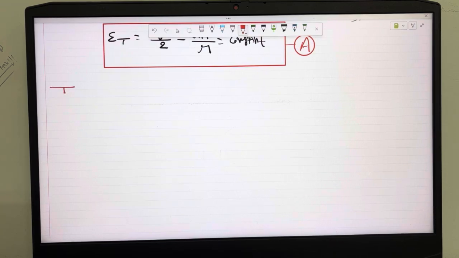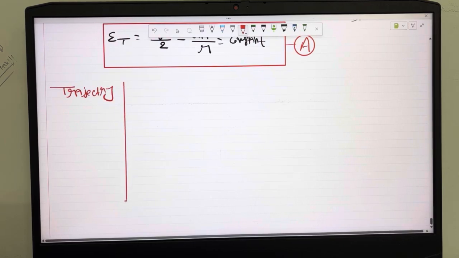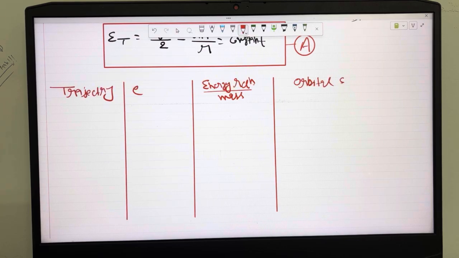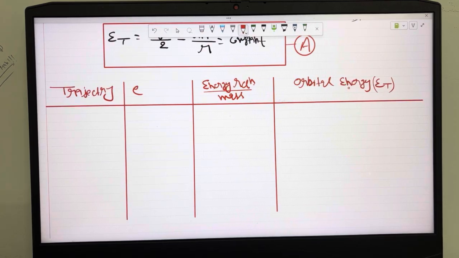First you write trajectory, then eccentricity E, then the energy relation per unit mass, that is the above equation which I have derived, and then the orbital energy, that is ET. Guys, 1 second, let me put my phone on charge.